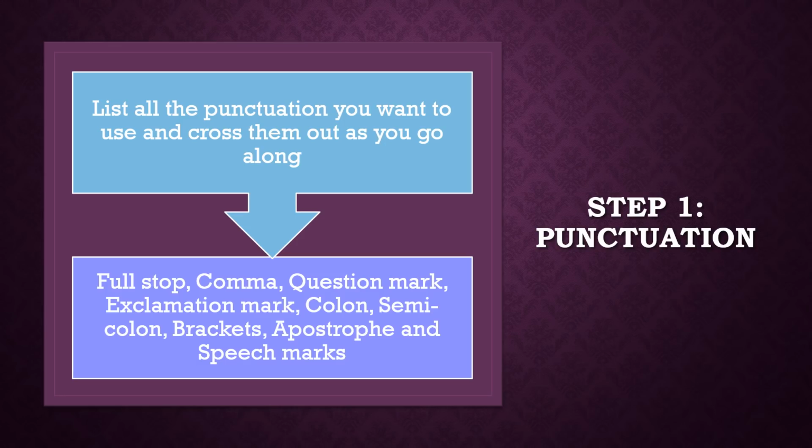However, I've noticed when people are writing stories or descriptions, they tend to forget that they can use a nice list of punctuation. They tend to stick to only full stop and comma. You do need to show the examiner that you know how to use them correctly. So list them, cross them out as you're going along.